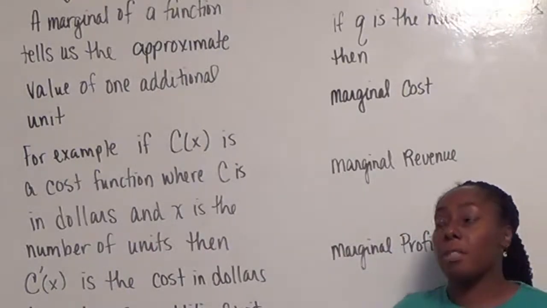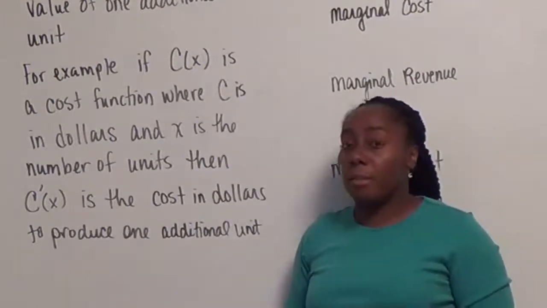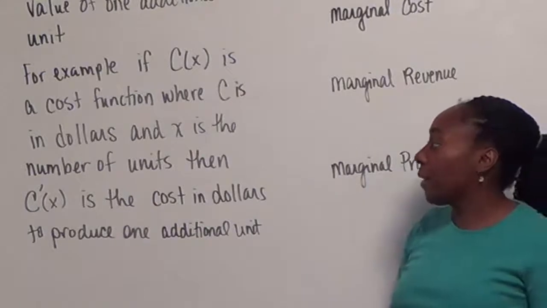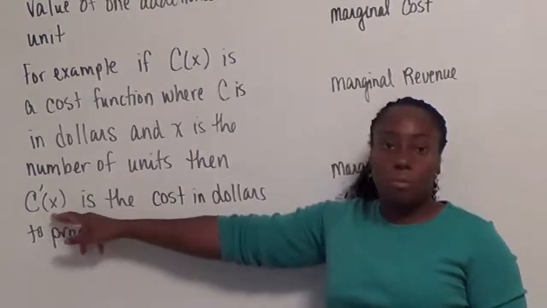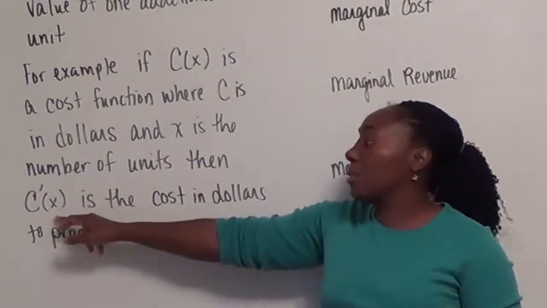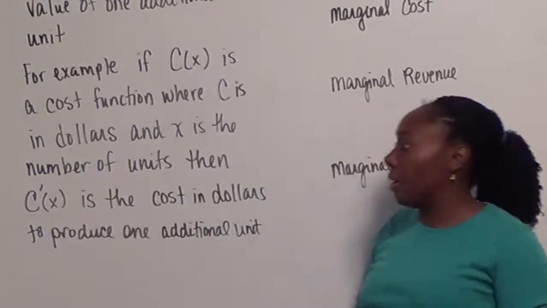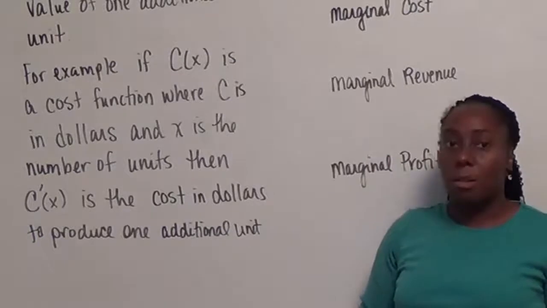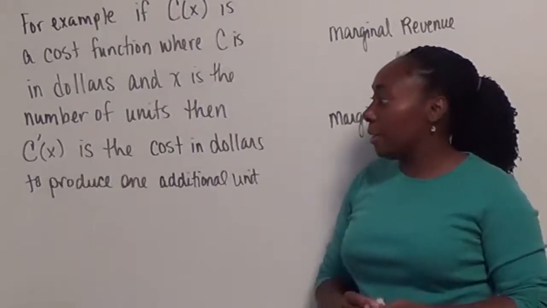Let's say I have a cost function where the cost is given in dollars and x is the number of units. Then c prime, meaning our derivative of the cost, which we're going to call the marginal cost, is the cost in dollars to produce one additional unit of the product. Okay?